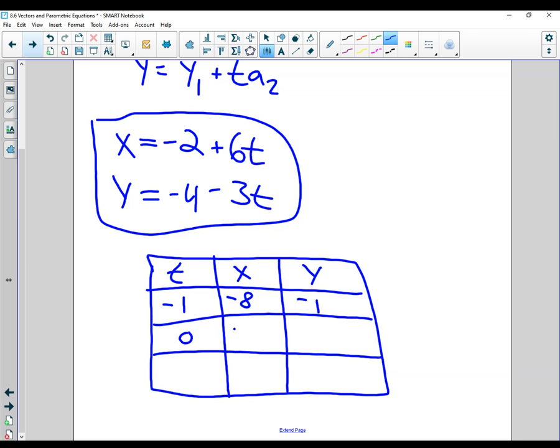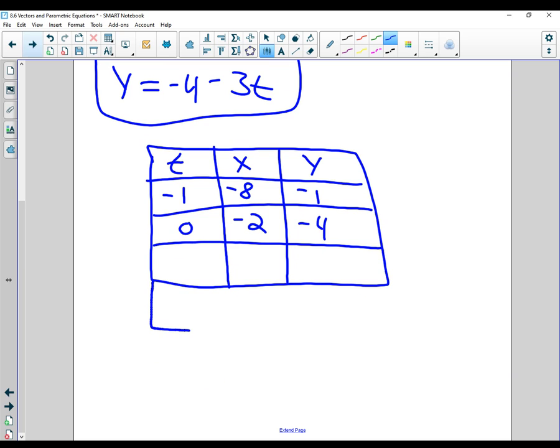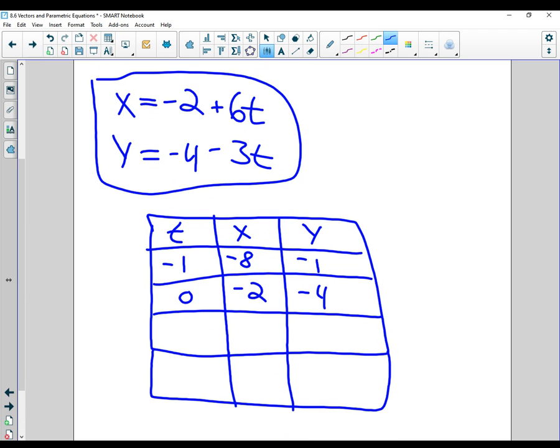Then x is -2 and y is -4. Maybe I'll make one little extra row here. I'm picking numbers for t, and I'm finding out what x and y are after I plug t in.